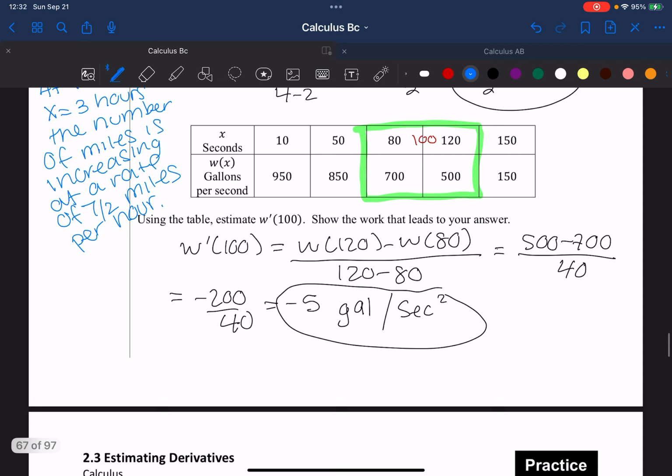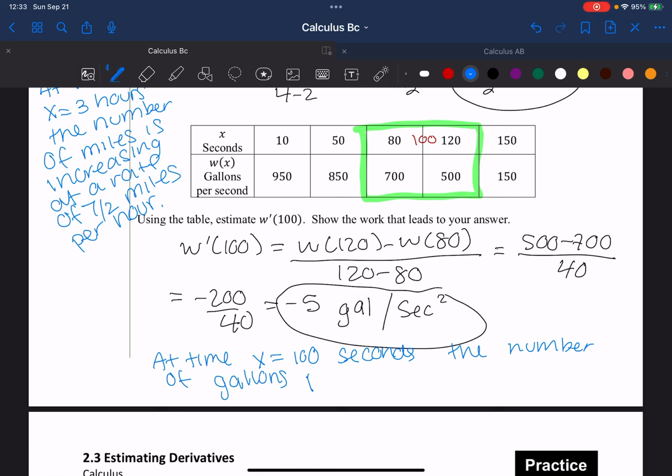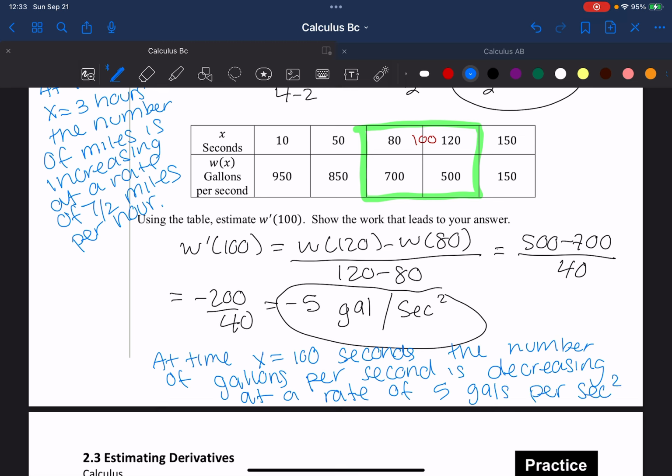And then my interpretation of this would be at time x is equal to 100 seconds, the number of gallons per second is decreasing because I have a negative rate of change at a rate of 5 gallons per second squared.